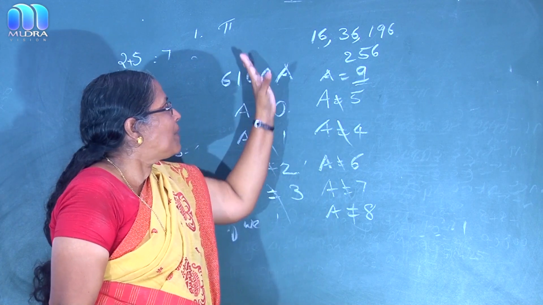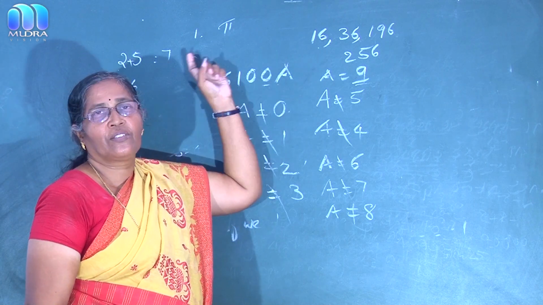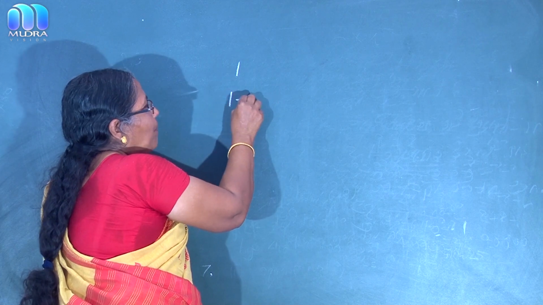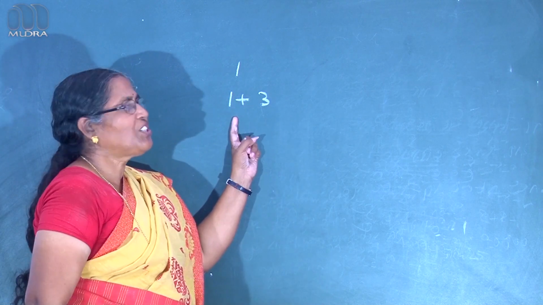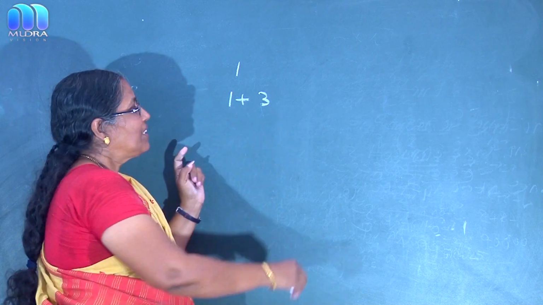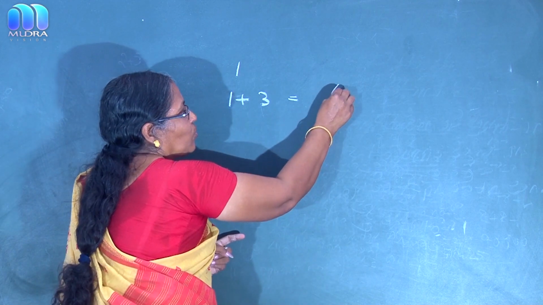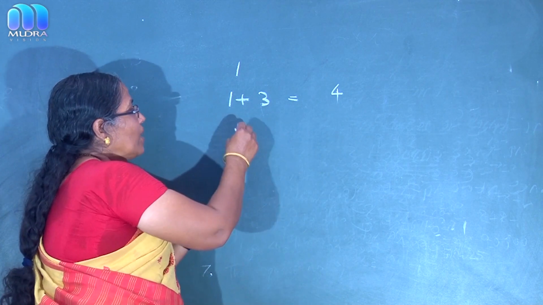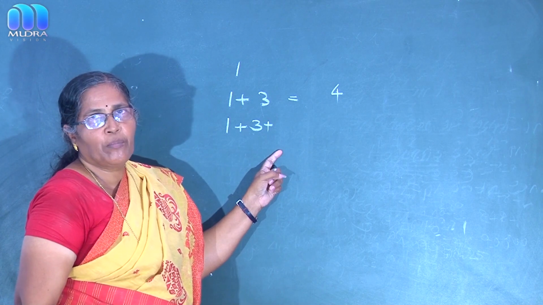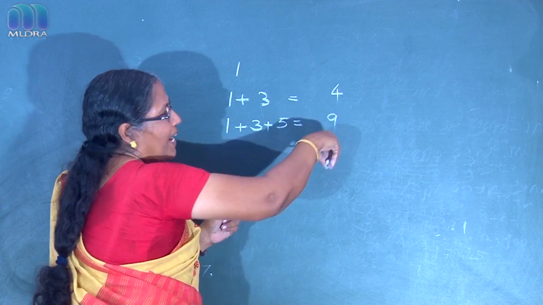By knowing the properties of a square number, we can find such numbers. If we get 1, then 1 plus 3, which type of number is this? Yes, odd numbers. Then can you find the answer? 1 plus 3 is equal to 4. Then 1 plus 3 plus 5, the next odd number, is equal to 9.